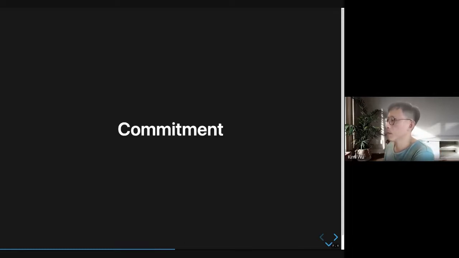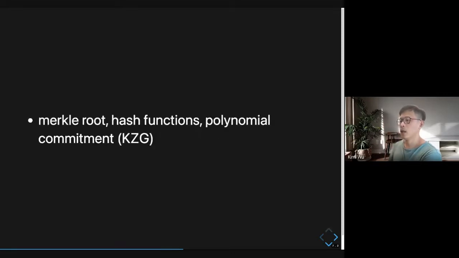We do it through commitment. Let's see an example. What is a commitment? A hash function is a commitment, and a merkle root is also a commitment. Let's say we want to have a quiz in a smart contract, so everyone can submit an answer to the contract. But if you really submit your answer to the contract, everyone can see your answer and copy it.